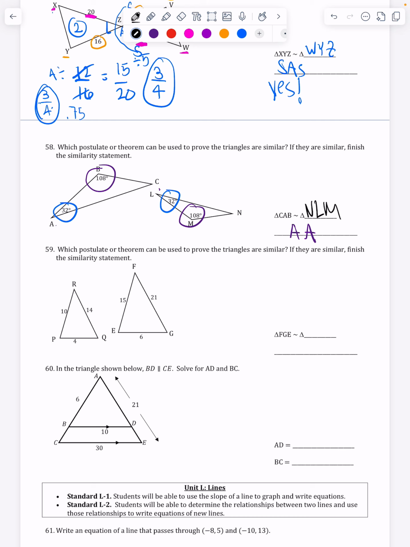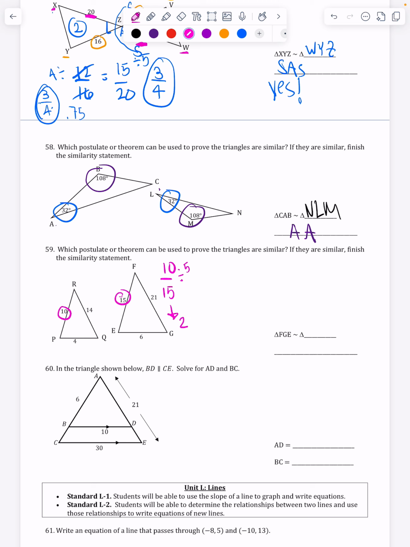Okay, and then here, what we're going to do again is we have 3 corresponding sides. So I'm going to go ahead and see that 10 and 15, they're our 2 middles. So I'm going to see what 10 and 15 reduces down to, 10 over 15. All right, well, those are both divisible by 5.